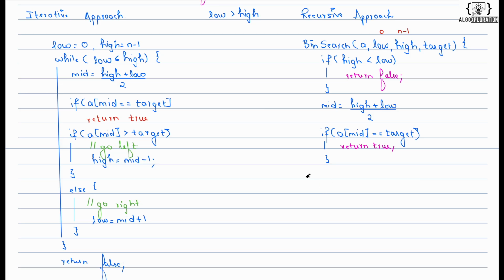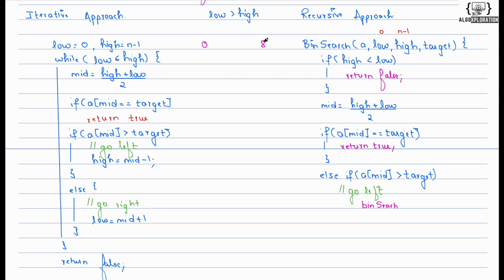If it is not, then else if check A of mid, if it is greater than target, then where would the target be lying? It will be lying on the left hand side. So go left. Since this is a recursive approach, we will be calling the function itself, binary search, in which we will be reducing the search space. Initially the search space was from 0 to 8.